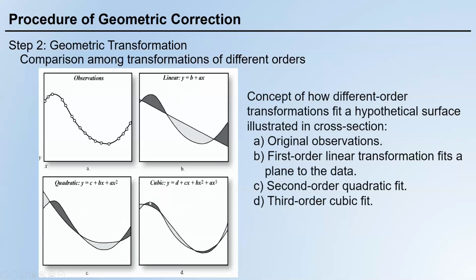You can see this curve addressed by this third order polynomial is very close to the observed curve. So if you compare figure B, figure C, and figure D, which one is the best fitting of the observed curve? Obviously, figure D, right? But there is a sacrifice.